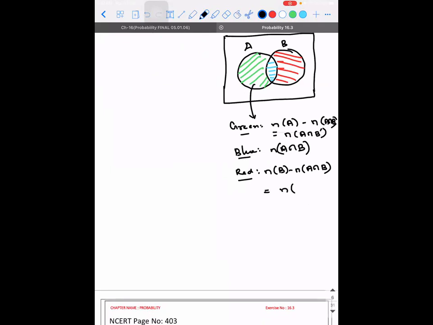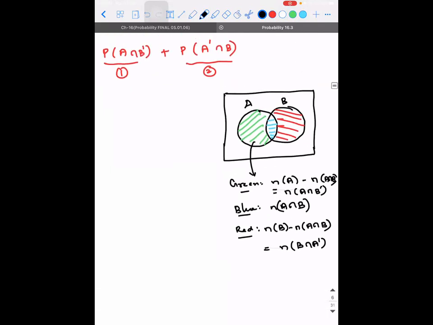It is the number of elements that are present in B, but not A. Guys, am I clear? Is there any doubt? Yes, sir.